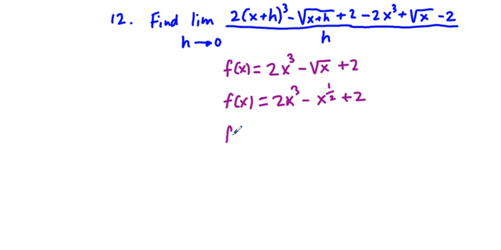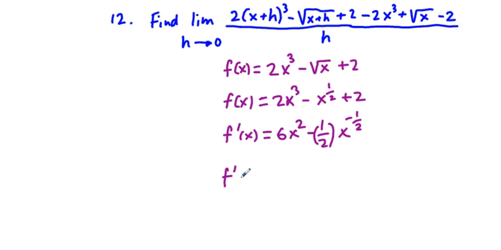And f prime of x is going to be 6x squared minus 1/2 x to the 1/2 minus 1, x to the negative 1/2, and the derivative of 2 is 0.